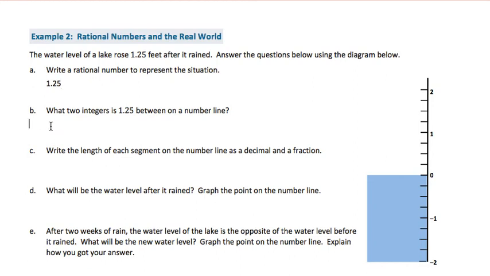Then it asks what two integers is 1 and 2/25 between on a number line. And hopefully at this point we know that it is above 1 but below 2. So we would say it is between 1 and 2.